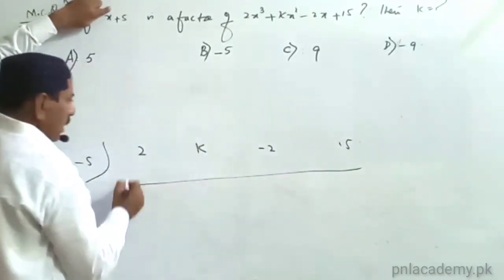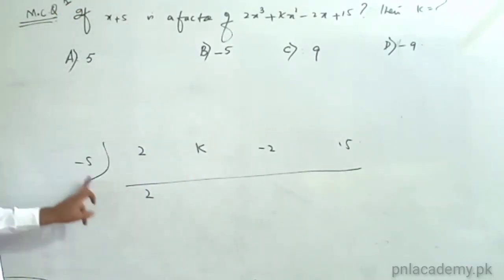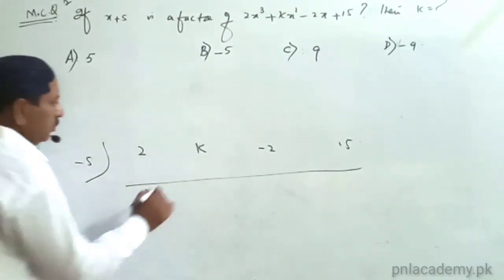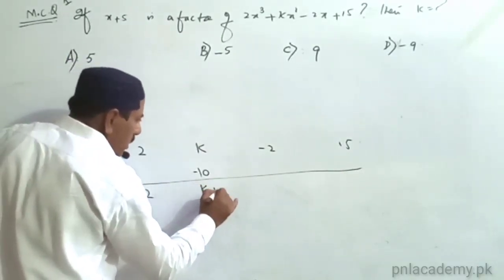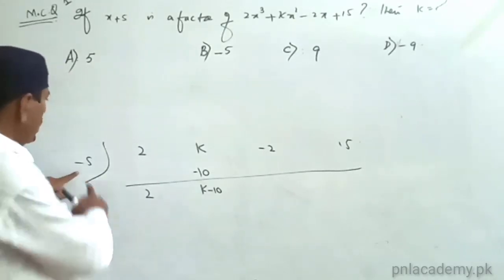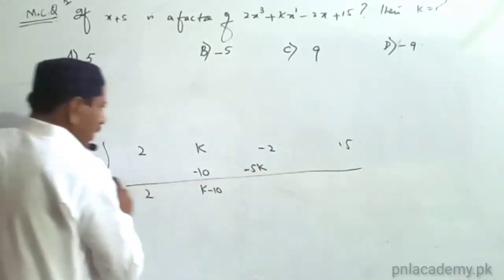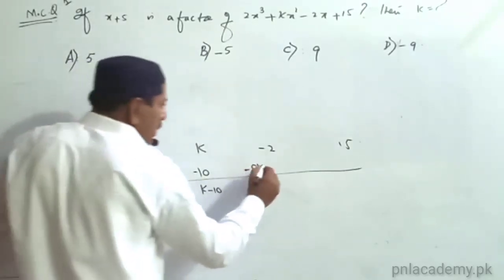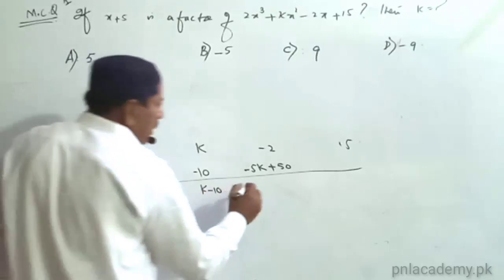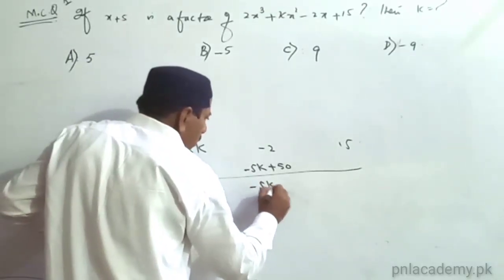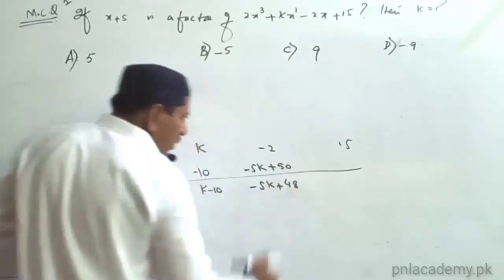After drawing the line, we repeat 2 at this stage. Minus 5 into 2 means minus 10. The result is k minus 10. Minus 5 into k is minus 5k. Minus into minus is plus, 10 5s are 50. So this will be minus 5k plus 48, minus 2 and 50 plus 48.